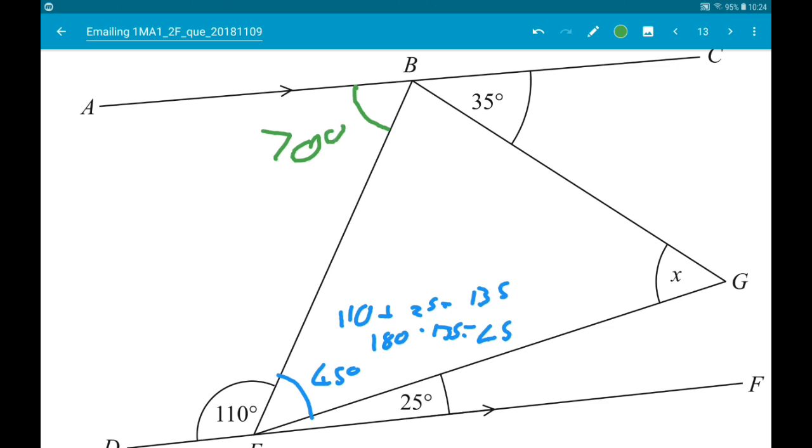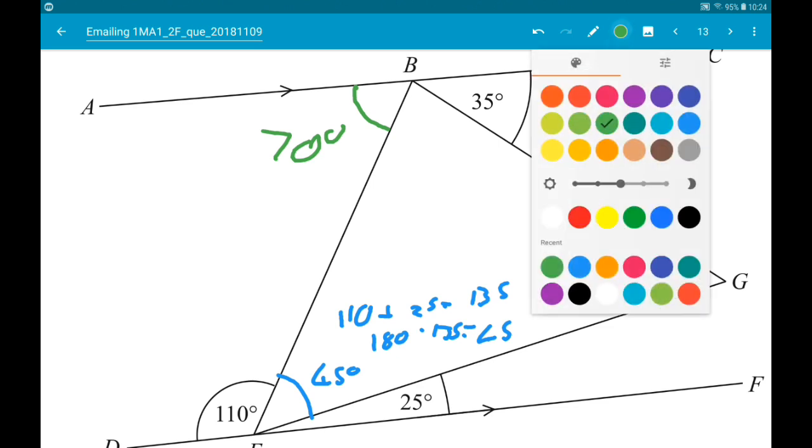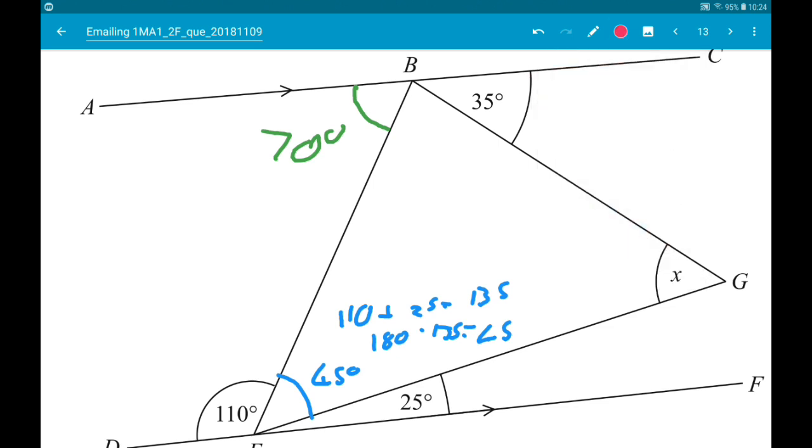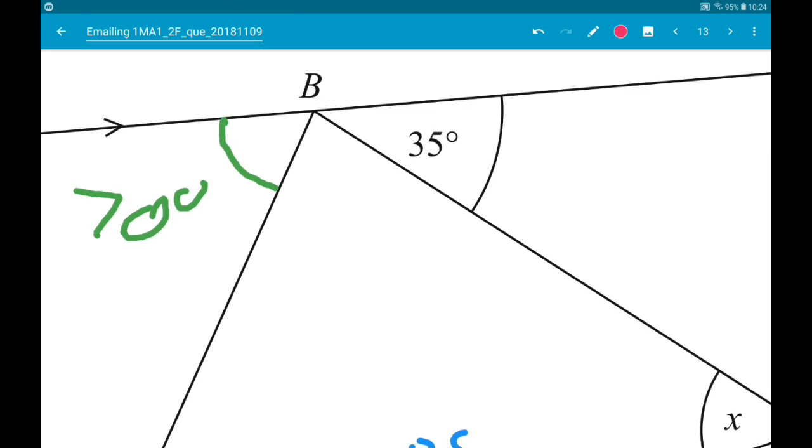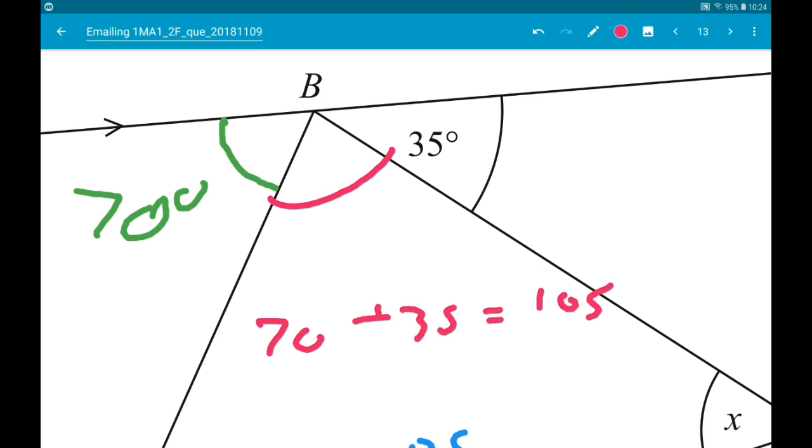Again, you would want to write down the reasoning. Okay, so now again, we have three angles on a straight line. So 70 add 35 is 105. 180 take 105 is 75 degrees.